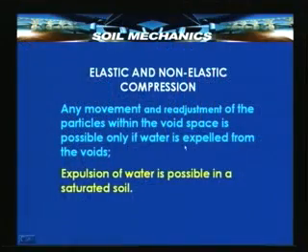So, any movement and readjustment of the particles within the void space is only possible if water is expelled from the voids, and expulsion of water is not impossible. It is physically possible and in fact unavoidable, because water is incompressible, and if you apply a load to a porous material like a soil occupied by water, the water has to make way for the solid particles to get together.